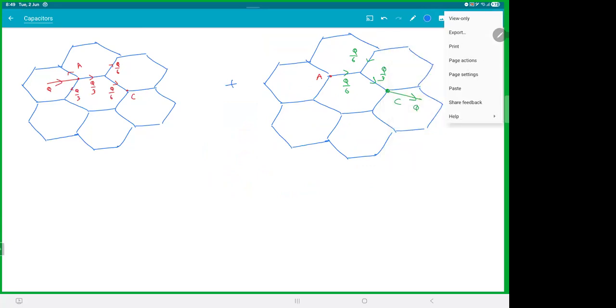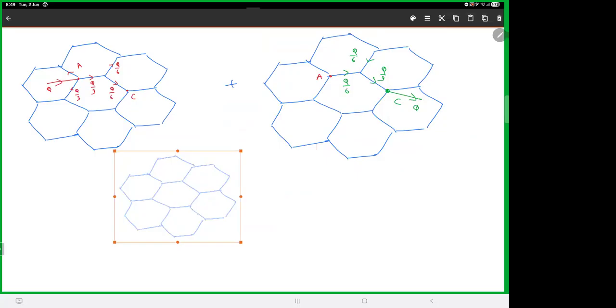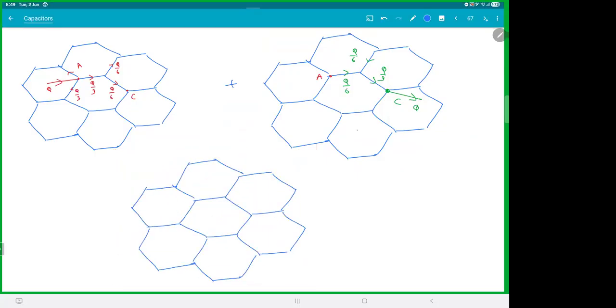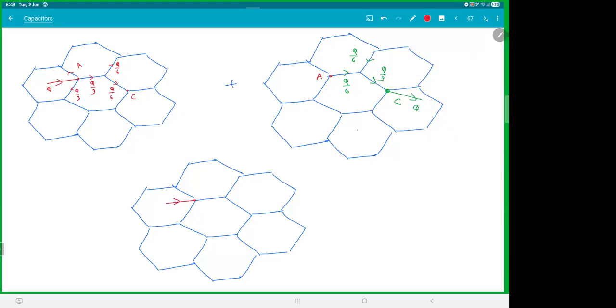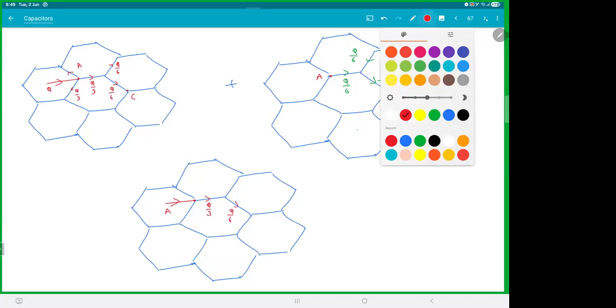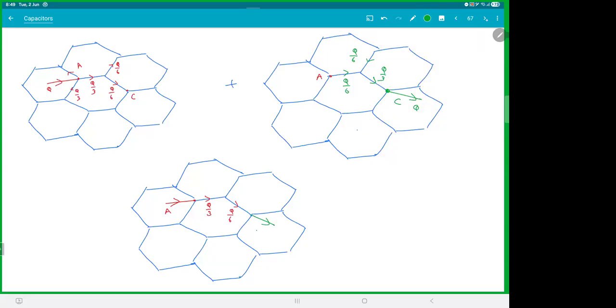Now if you do both of them together, you're sending from A, so this will be Q by 3, this will be Q by 6. If you're pulling charge from C, this will be Q by 3 and this will be Q by 6.